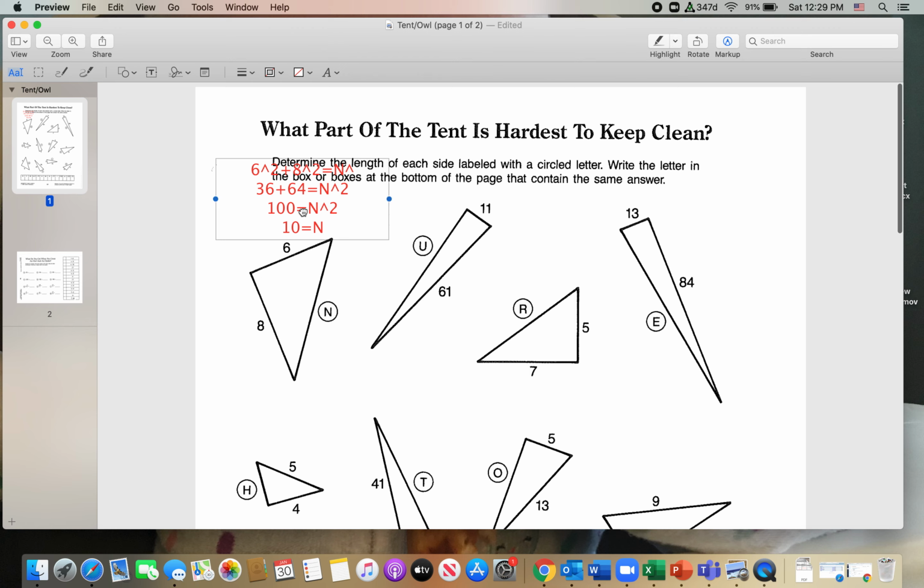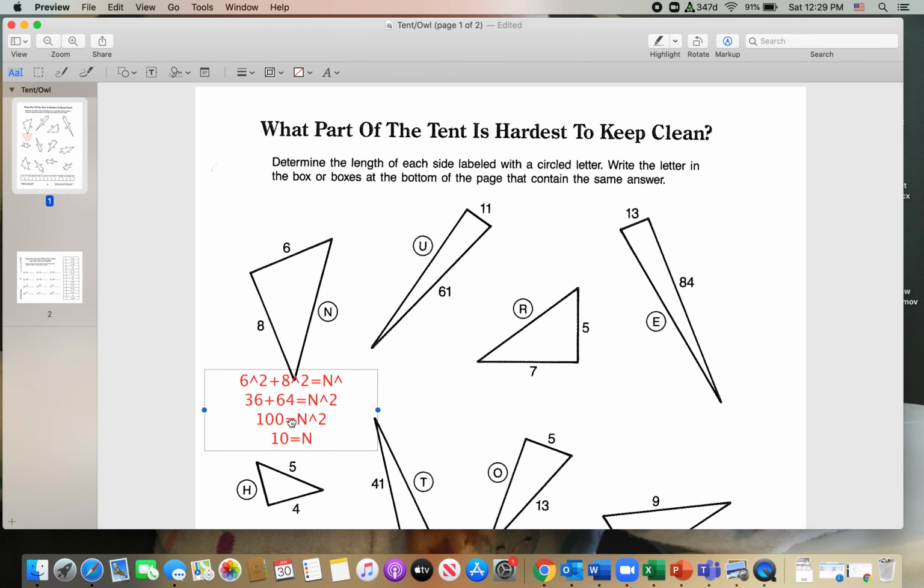Okay, the next one seems to always get people. For some reason, they don't figure out that this sort of looks like a right angle, but this is the right angle. If you put a sheet of paper up above it, you will notice that this is exactly the right angle. So that means 61 is in the place of c.